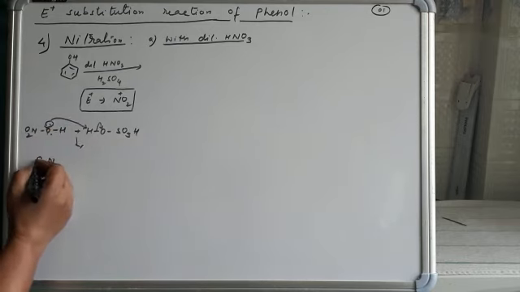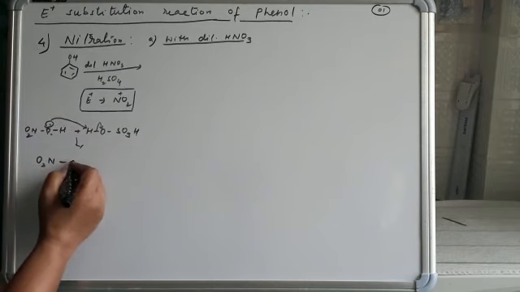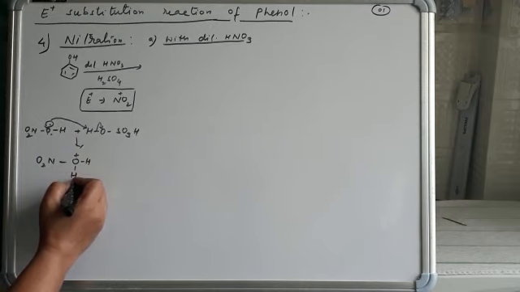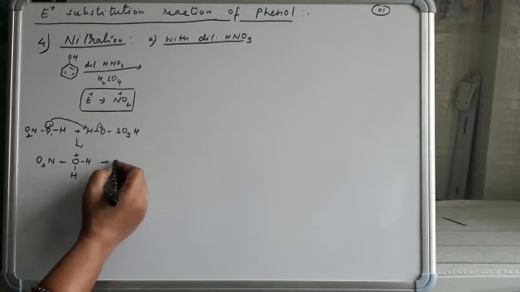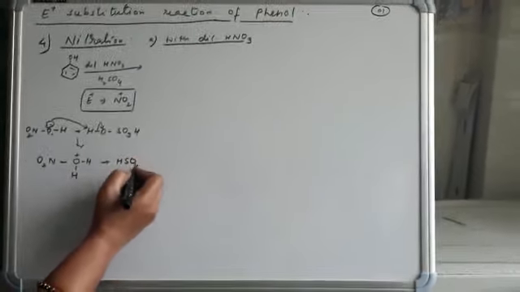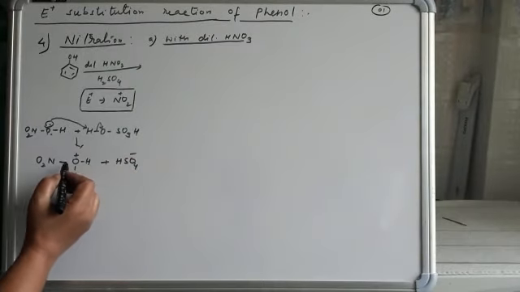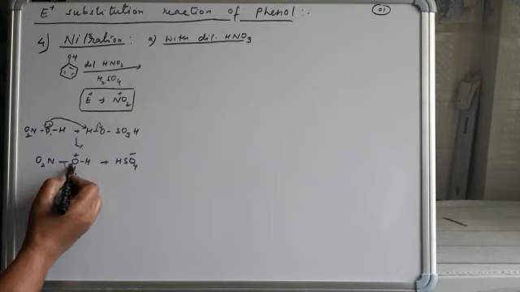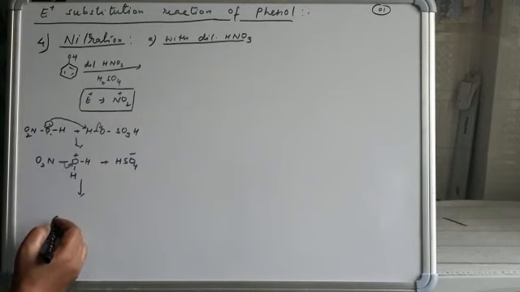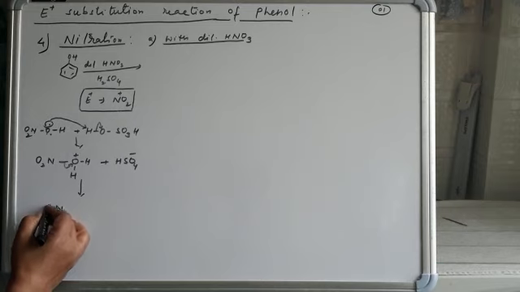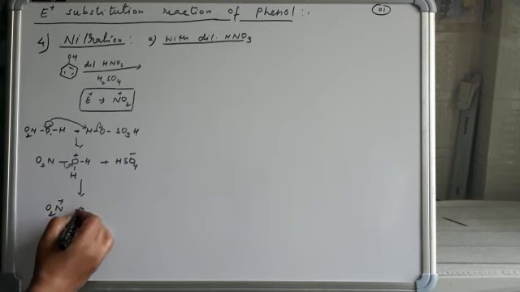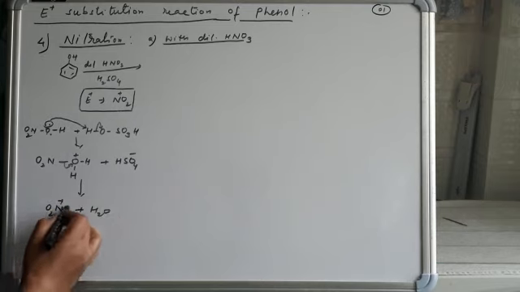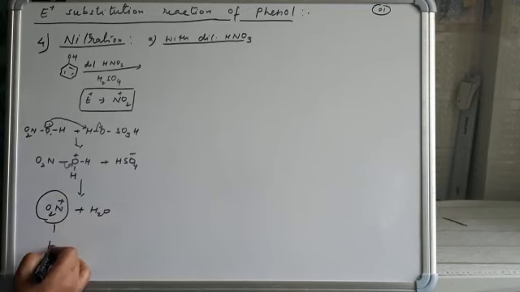Here oxygen with positive charge and HSO4 minus. Positive charge appears on oxygen, so that removal of H2O and the formation of the nitronium ion takes place. Okay, this is the nitronium ion.